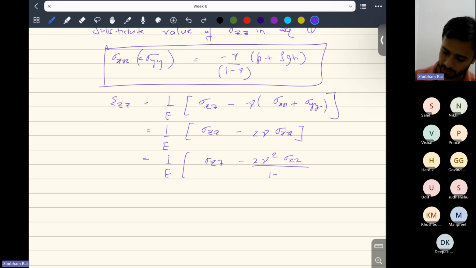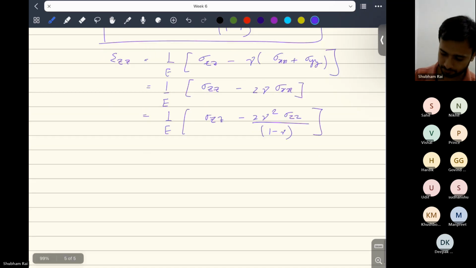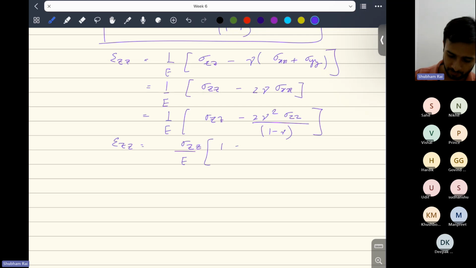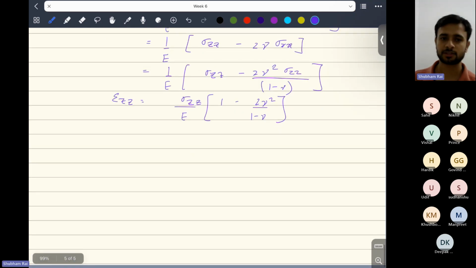Because sigma xx is mu times sigma zz over 1 minus mu. So then you can take sigma zz as common, so you'll get sigma zz over E, times 1 minus 2 mu squared over 1 minus mu. So this is the expression for epsilon zz.